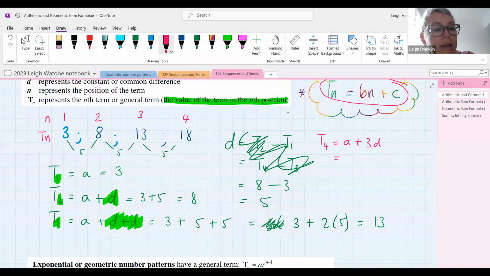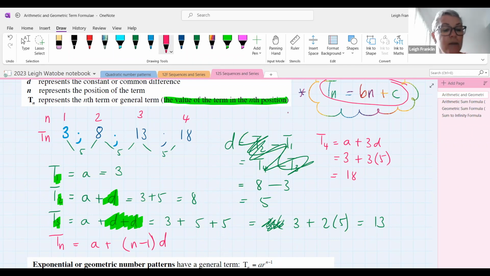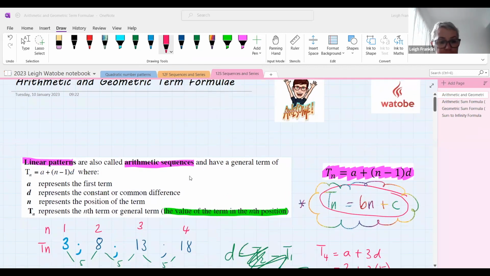So A is 3, plus 3 times whatever my difference is, which in this case is 5, and that's how I'm going to end up with 18. Can you see where Tn equals A plus n minus 1 d comes from? It's just another way of thinking about something that we already know. So that is the nth term for an arithmetic sequence.